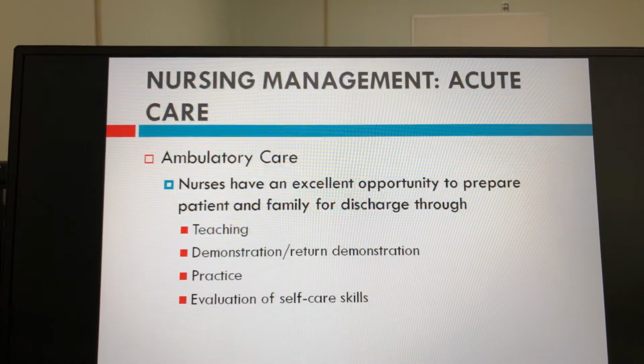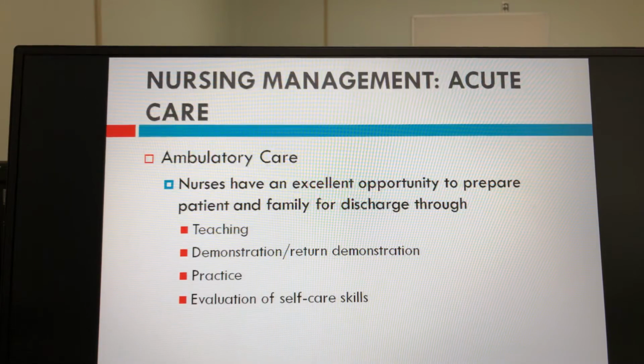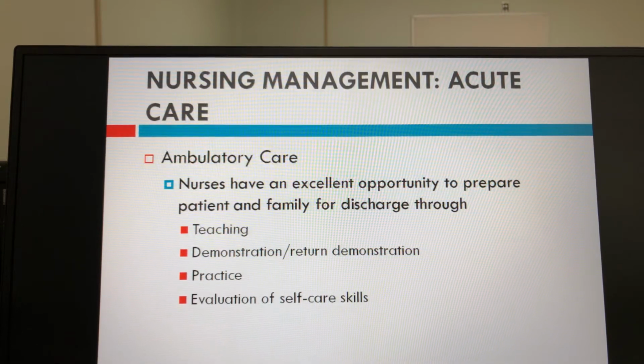Now, community resources should be identified to provide recreational activities, group support, spiritual assistance, respite care, adult daycare, and home assistance based on the individual patient's needs.